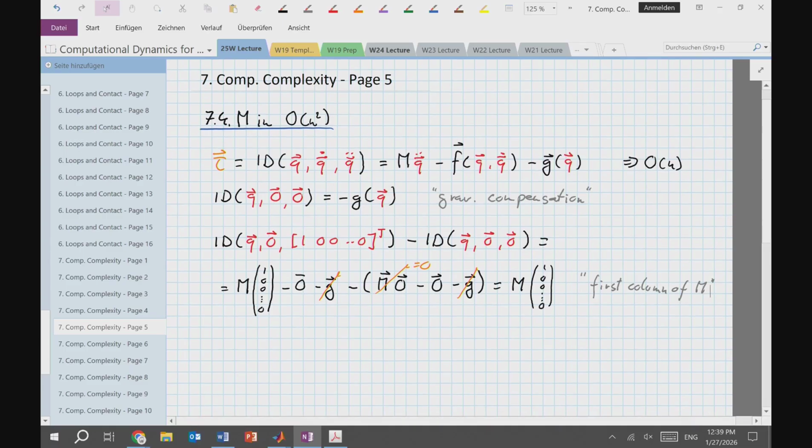And then, of course, you see where this is going. I do this n times for each row.